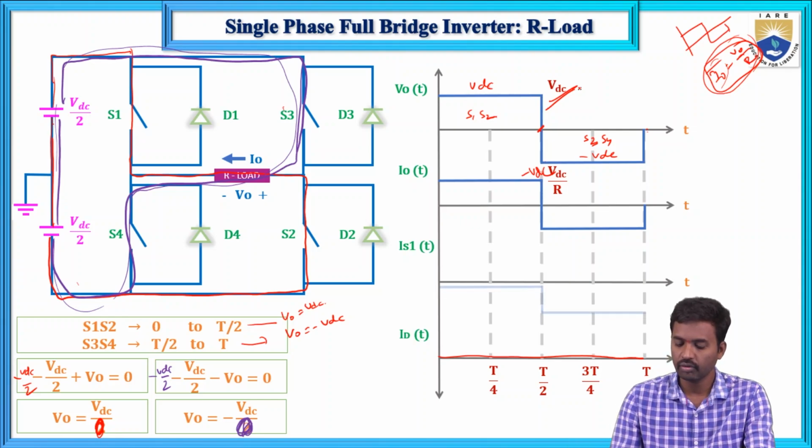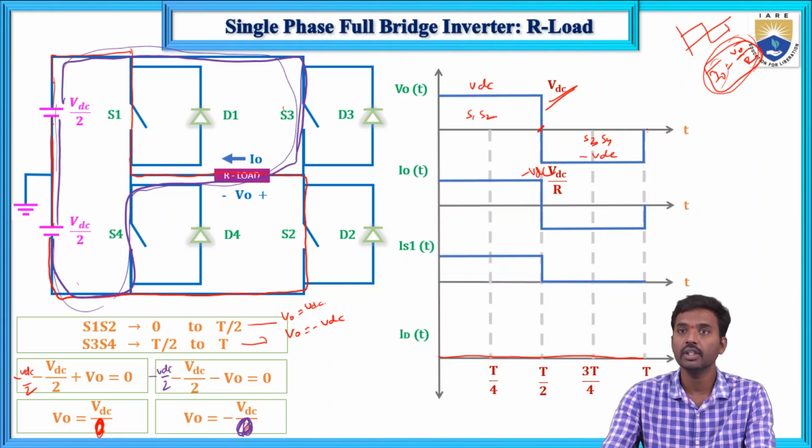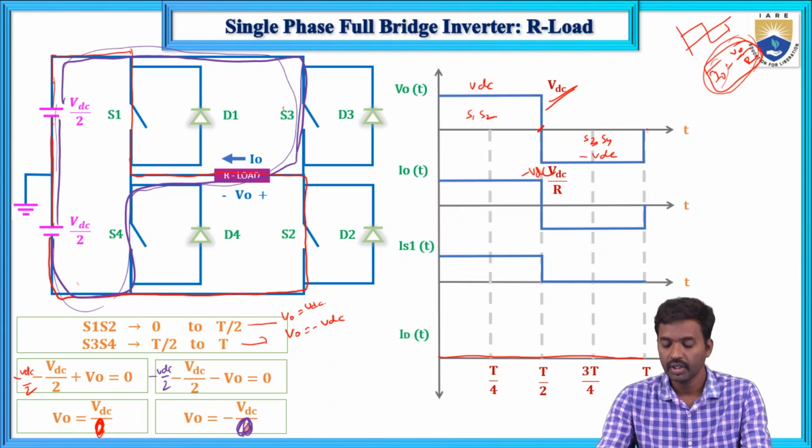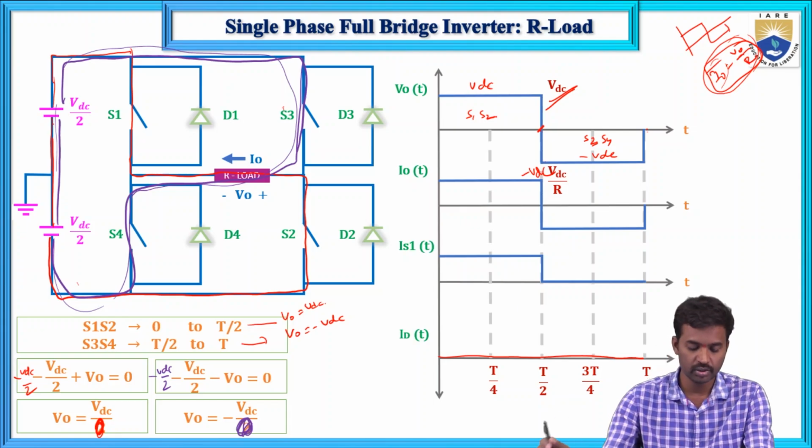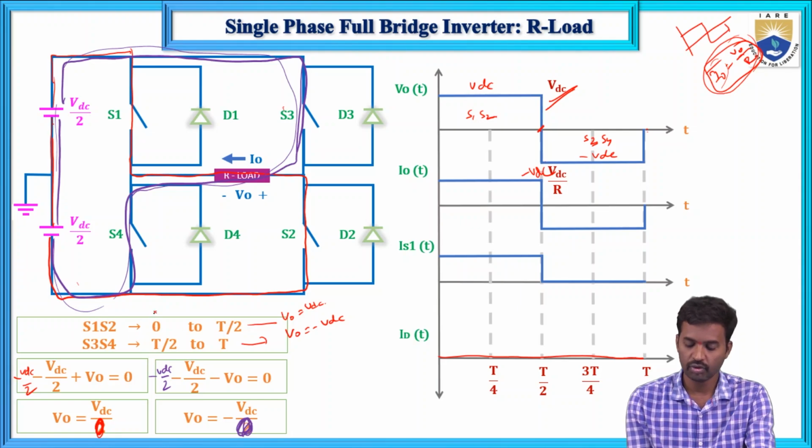And next, what about the switch current? During a half cycle, only two switches conduct: S1 and S2.